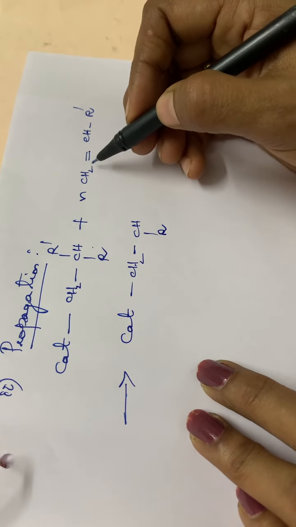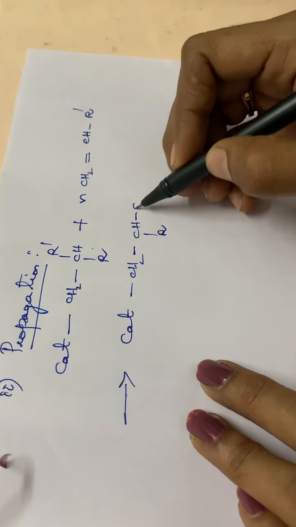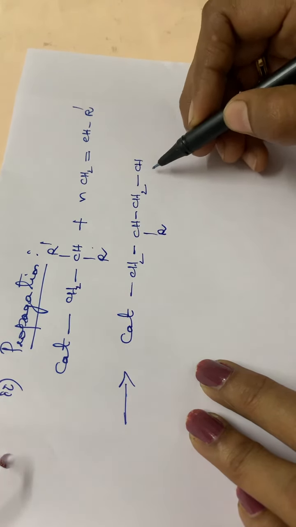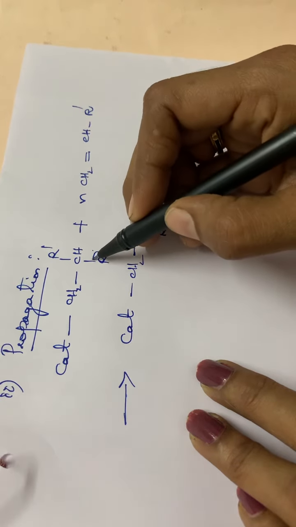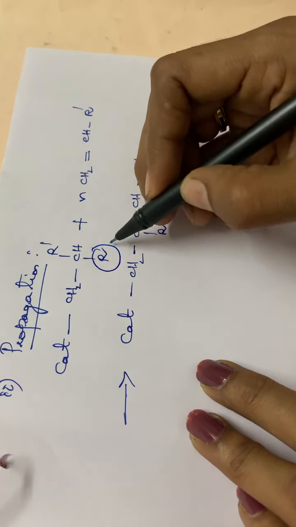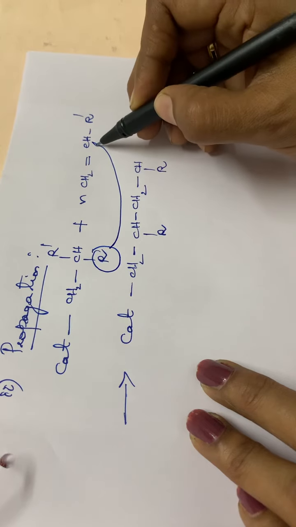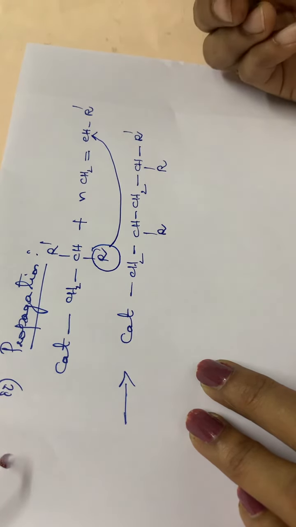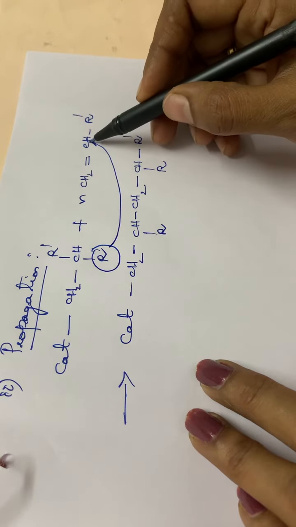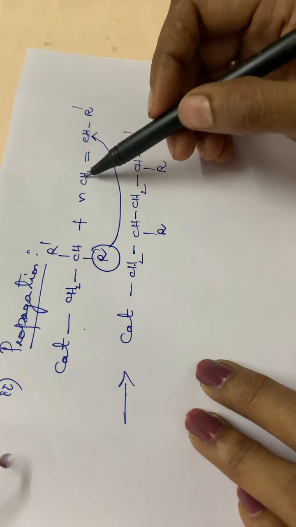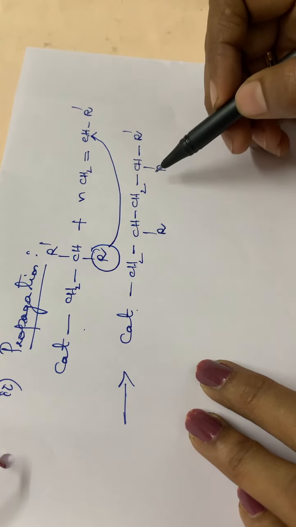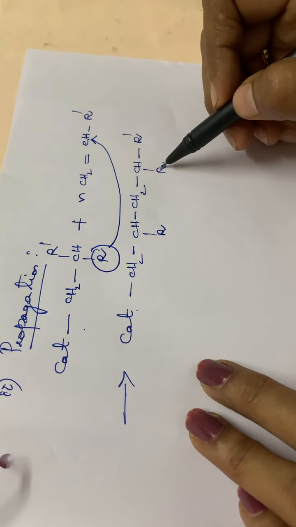Then again this bond breaks, isn't it? Then CH2, single bond CH2, then CHR, and this R will be attacking this carbon atom. Then R dash. This R will be attacking this CH and the catalyst will be attacking this CH2. So catalyst CH2, CHR, then CH2, CHR, R dash.